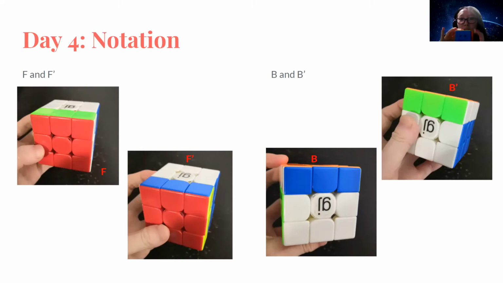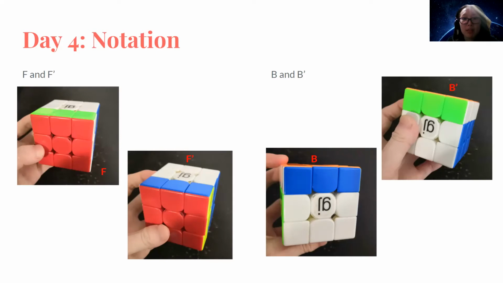Even though from a front angle view the B looks like it's going counterclockwise, if you were rotating it and doing it, it would go clockwise. But because it's in the back, it looks like it's going counterclockwise from your front point of view, but it's just the perspective. So again, it's the opposite of F.